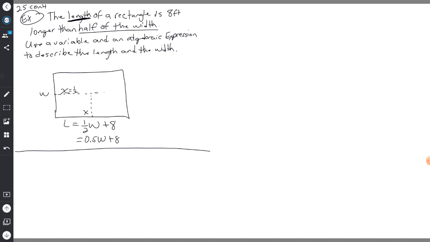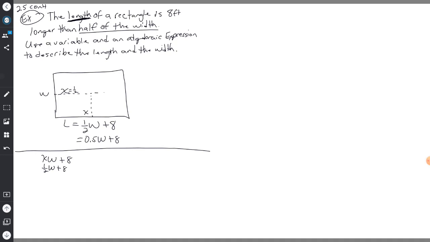I see what you're saying. So you would say xw plus 8, and x represents the one half.